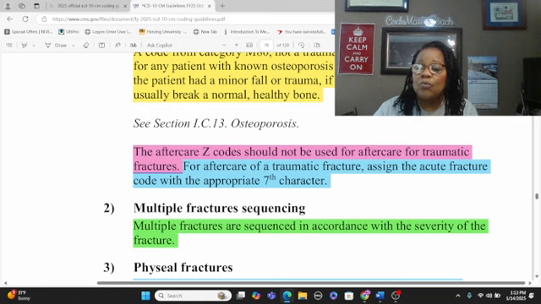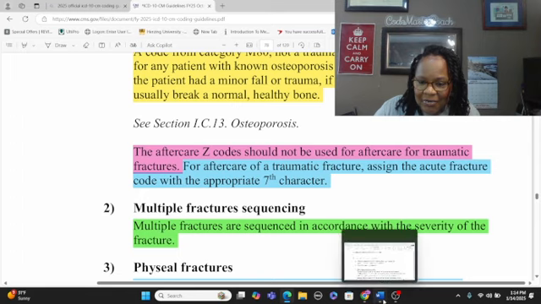You're going to code it with the acute code, but identify the 7th character that identifies that it is aftercare and not initial, and not a Z code for aftercare codes.